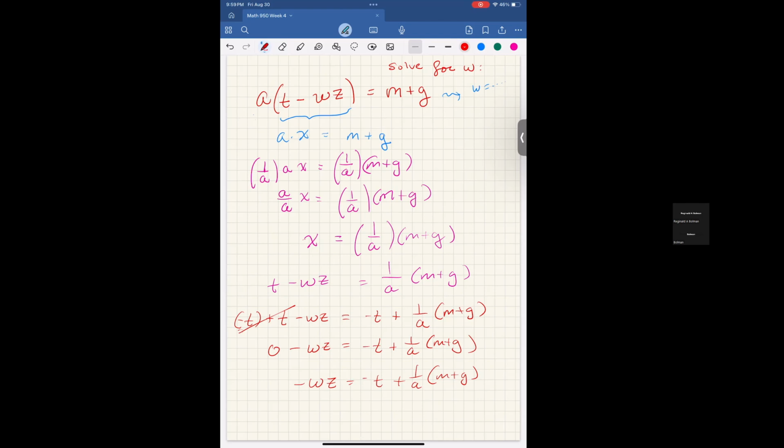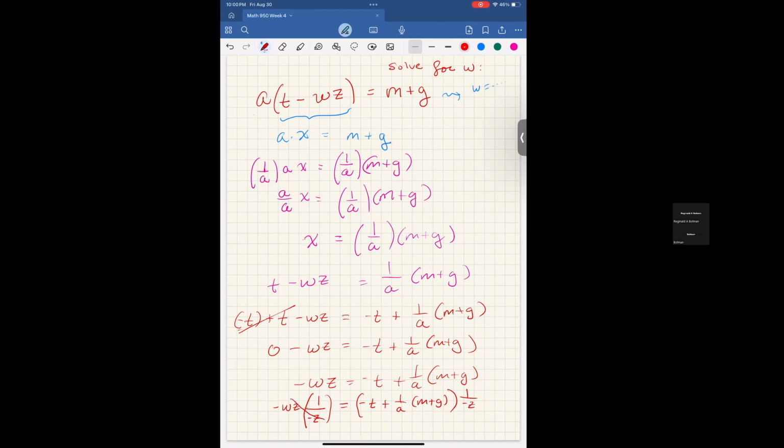Now, you can multiply both sides at this point. If you want the w by itself, why don't we multiply by a negative 1 over z? Because we have a negative wz. We got to get rid of that negative symbol at some point. We might as well multiply by a 1 over a negative z. And what we do to one side, we got to do to the other. So go ahead and do that same operation to the other side of your equal sign.